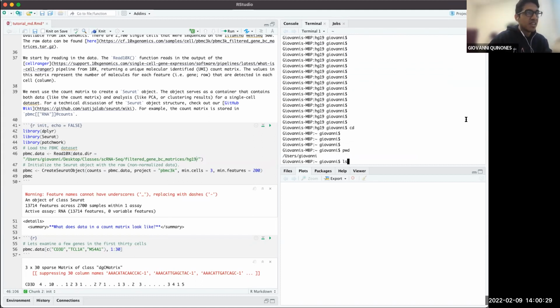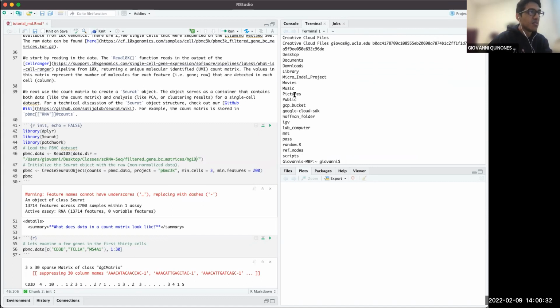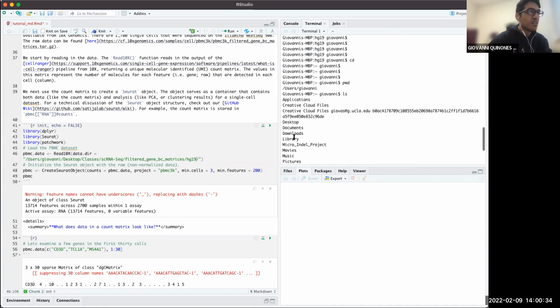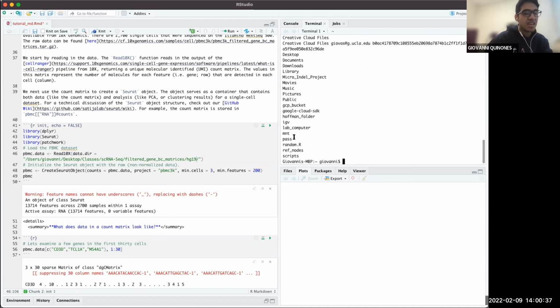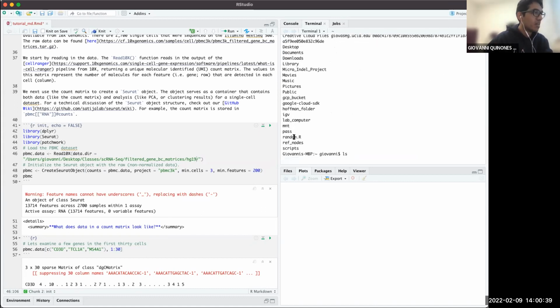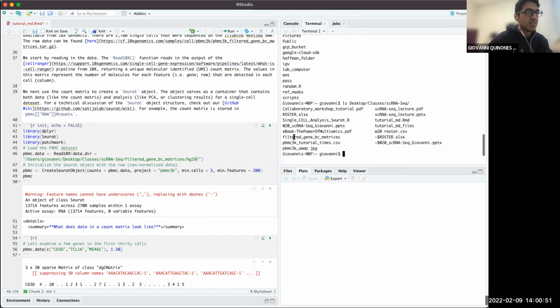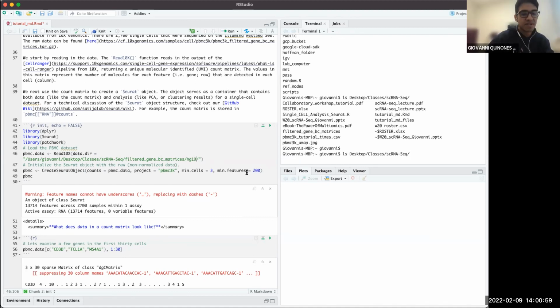You can do ls to list all the folders in that directory. In my case, I have it on my desktop, in the classes folder and the single-cell RNA-seq folder. The full path will include the name of the folder with the files: the filtered gene BC matrices and then hg19.